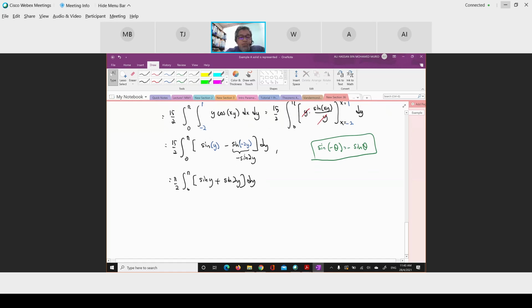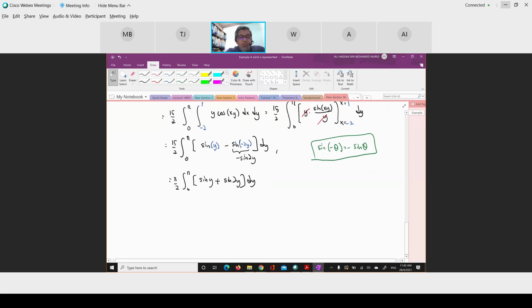Then z is between them. Now z is no longer bounded by numbers, and z is now bounded by two functions of two variables, f1 and f2. And if this is the case, then we must integrate with respect to z first.